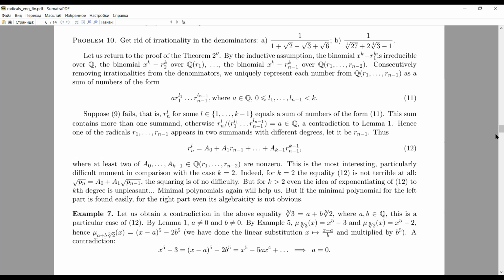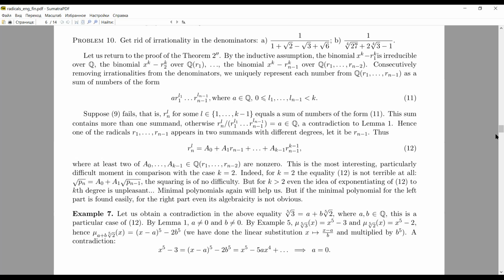So suppose that condition 9 fails. That is, the power Rn is in L for some L equal to this sum. We note that this sum contains more than one summand. Otherwise, we get a contradiction immediately with lemma 1.